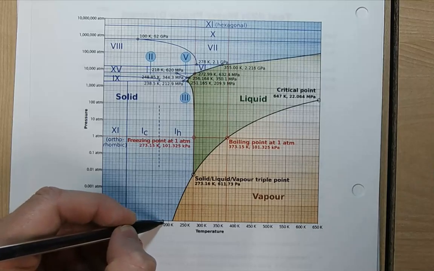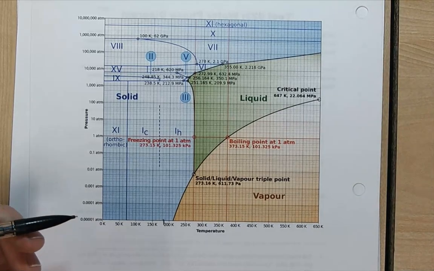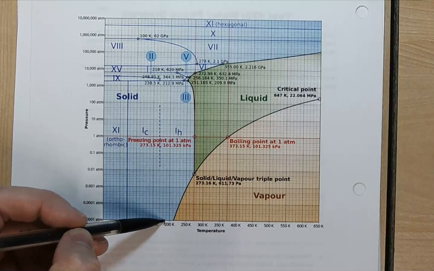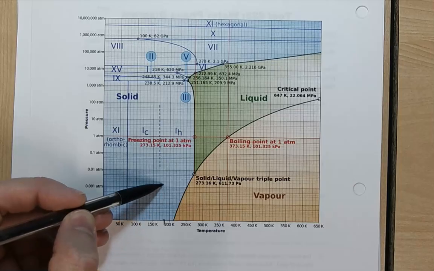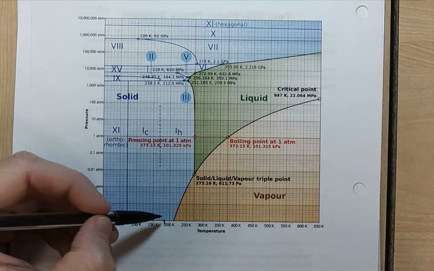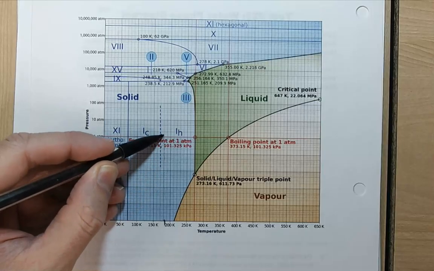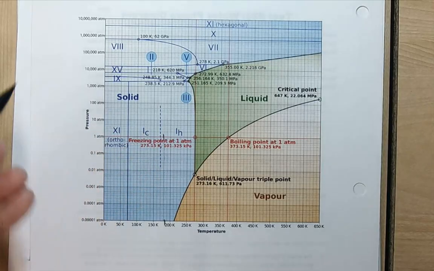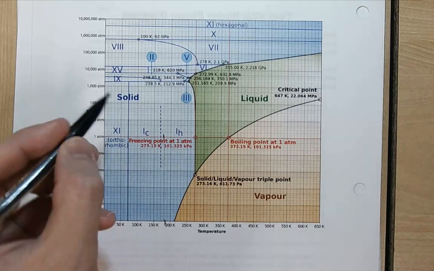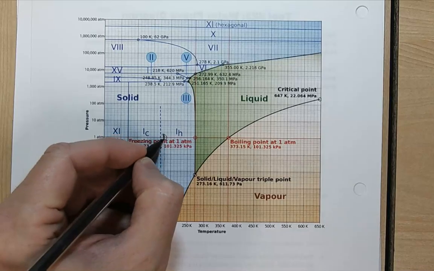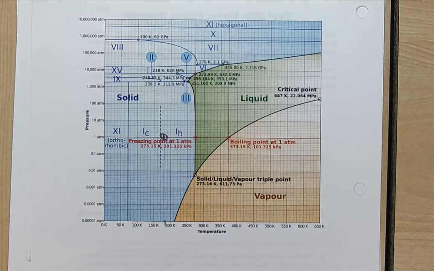So 183 is going to be right about there. 183 Kelvin, and follow this line as close as I can. They're at 1 atmosphere, right? 1 atmosphere of pressure, 183 Kelvin. That planet's going to be right there, which means any water on that planet is going to be frozen.